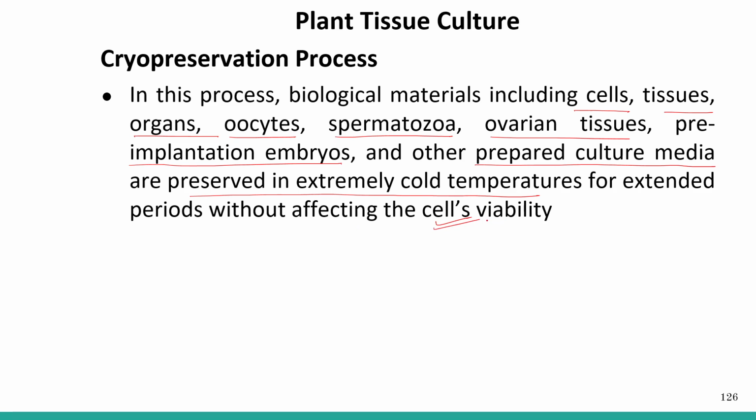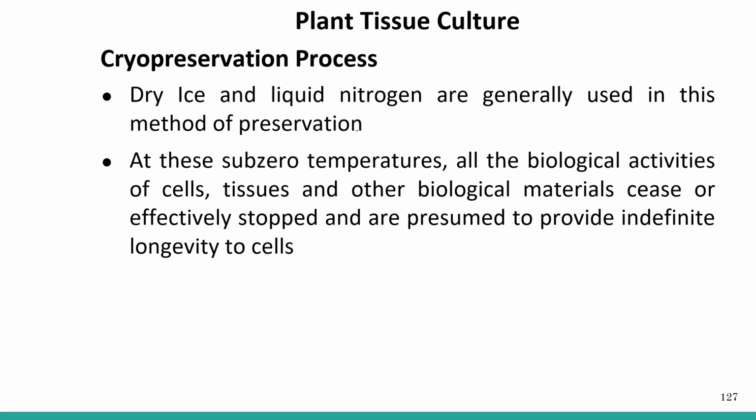So the cells are viable, and which cells do we go for cryopreservation? You can see here some of the examples: tissue cells, oocytes, spermatozoa, ovarian tissue, and pre-implantation embryos also. Dry ice and liquid nitrogen are generally used in this method of preservation.